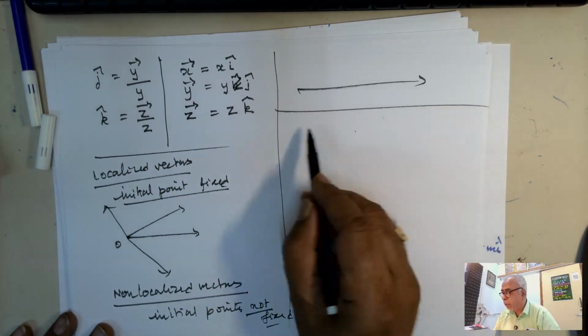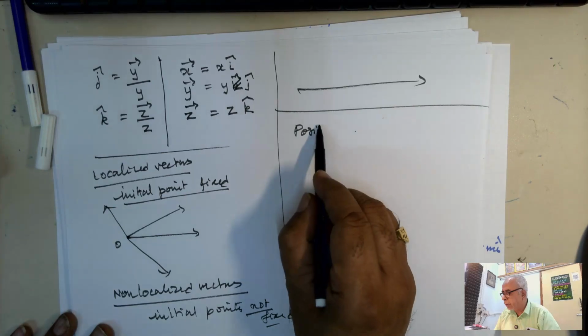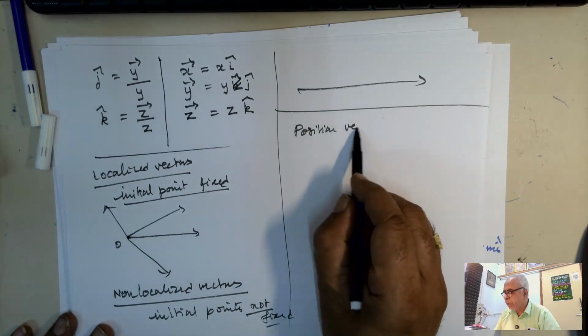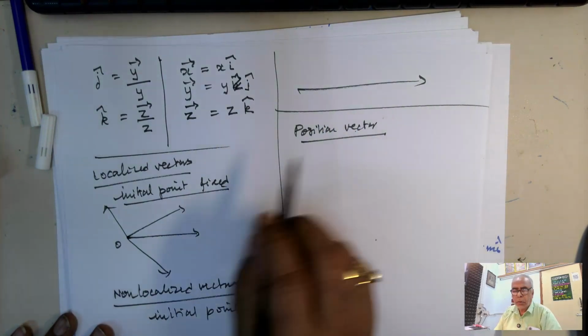Okay. Then position and displacement vector. This is very, very important. Take down. Position vector. Okay.